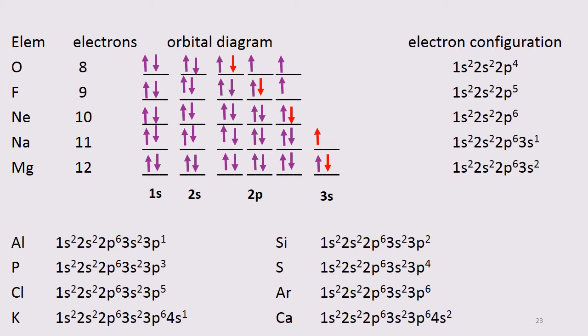We have to go to the 4th level. So potassium 4s1 and then calcium 4s2. This is why it's really helpful to learn that order that was on a few slides ago. And again, in just a few minutes, we're going to be able to understand how you can do this by looking at your periodic table.